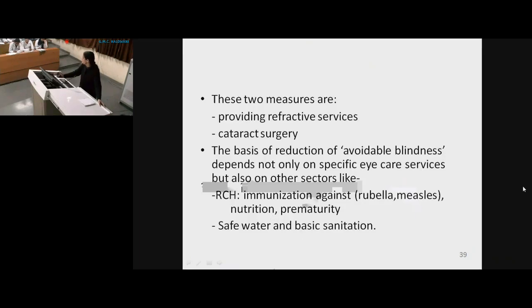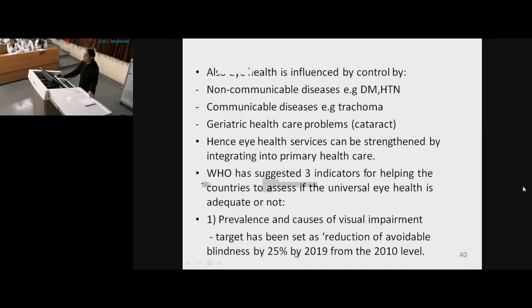Malnutrition is also an important factor. Prematurity, safe water and basic sanitation for improvement of personal hygiene. Also, eye health is influenced by control of non-communicable diseases like diabetes, hypertension, communicable diseases like trachoma, and geriatric healthcare problems, cataract. Hence, eye health services can be strengthened by integrating into primary healthcare.